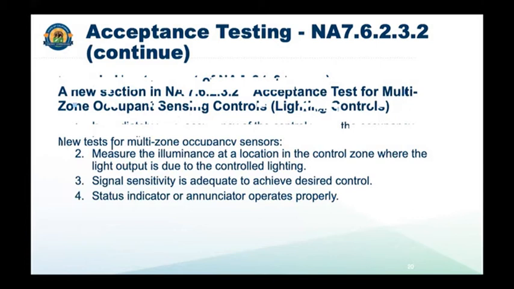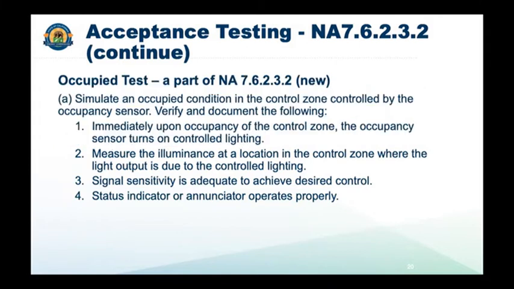The occupy test: this test is to simulate an occupied condition in the control zone controlled by the occupancy sensor, and to verify the occupancy sensors can turn on the control lighting. And one important step is to measure the illuminance, as the measurement will be used later for another test.